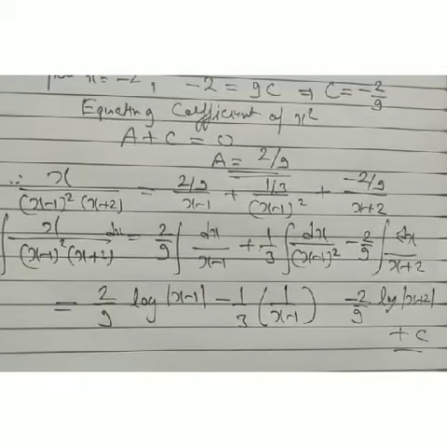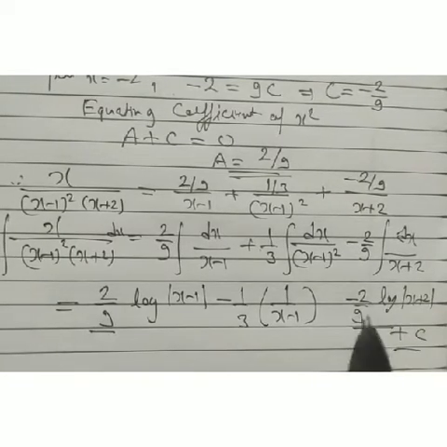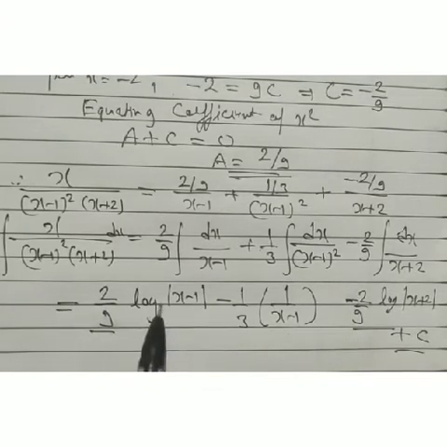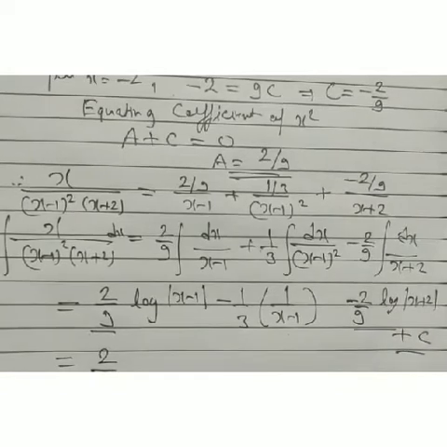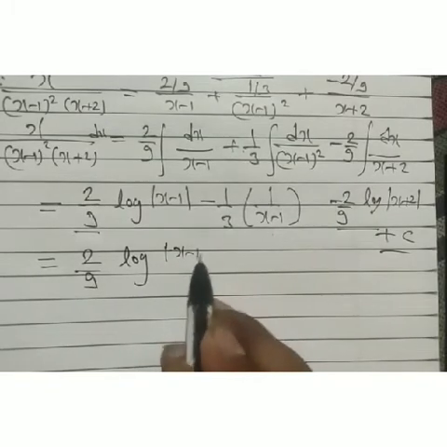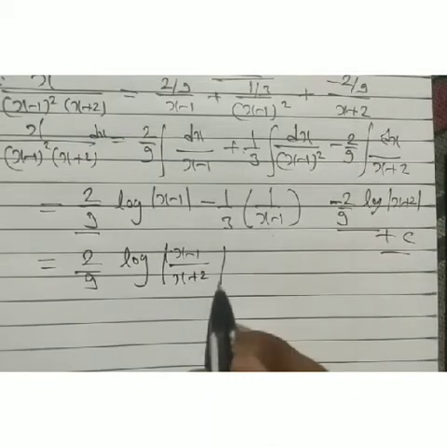Now we get the values there. What is our 1 upon x minus 1? Now this is 2 by 9, and there is a minus. When we take 2 by 9 common there, then log x minus 1 minus log x plus 2, we can write it in the format of 2 by 9 log m by n, log of x minus 1 by x plus 2.